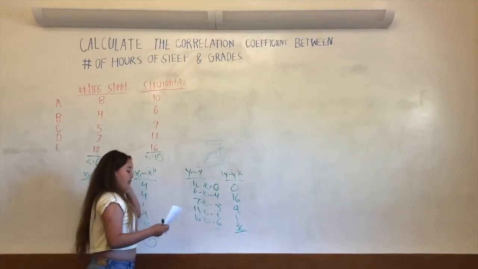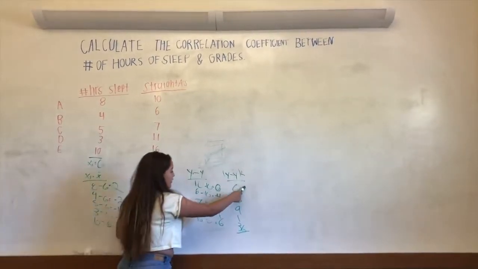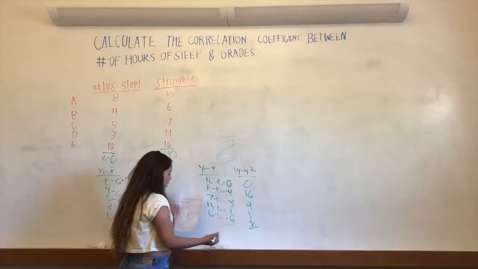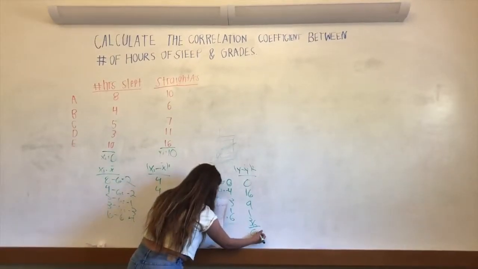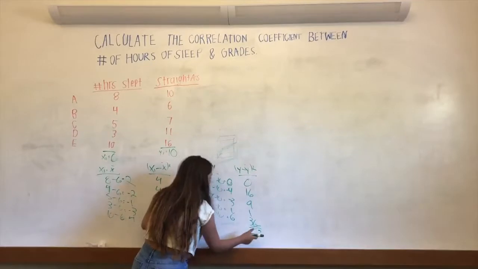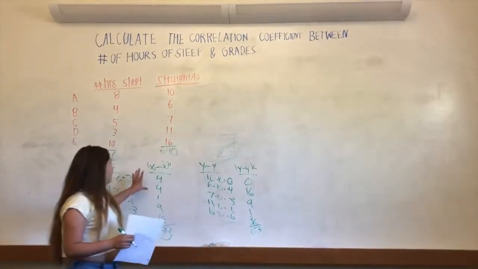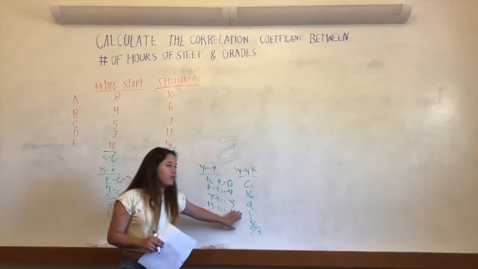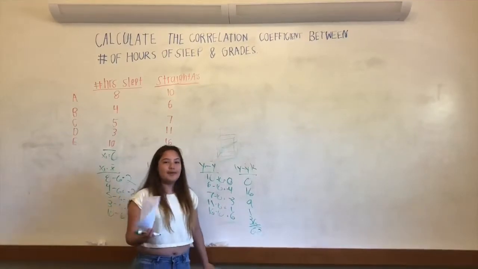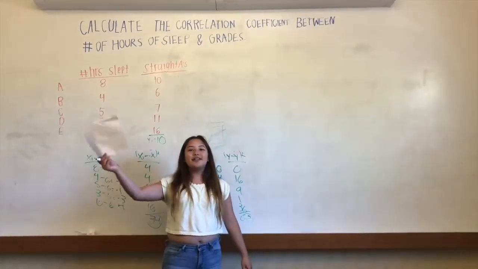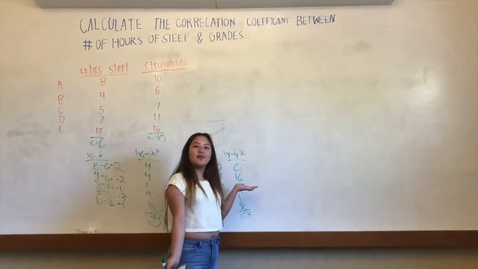Finally, the last step will be to add the squares of these numbers. The sum will be 62. So we have the sum for X, and the sum for Y, and we can move on to the next step. Now I'm going to let Sarahi finish the rest of the problem.